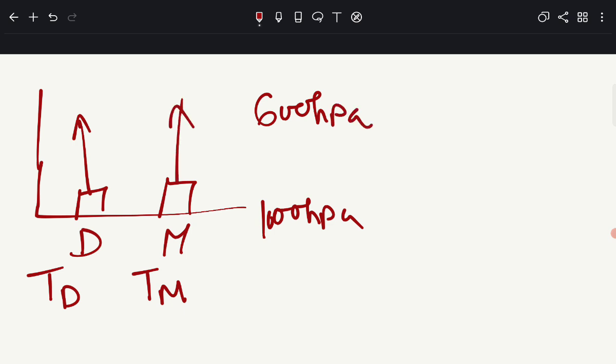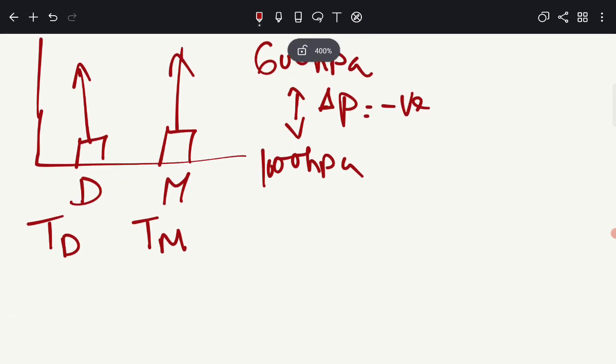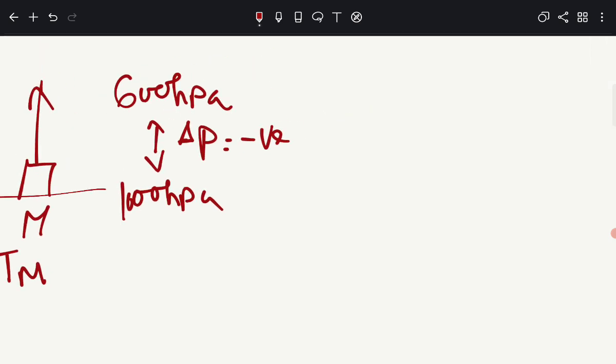So we also bring this up. Now what happens? Due to pressure decrease, what happened in this region? We have a decrease in pressure, right? Now, we are doing every step adiabatically, so just don't forget.